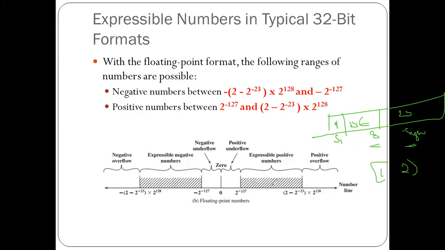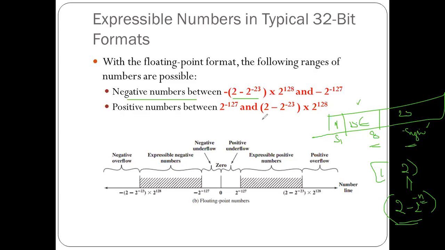Coming to the exponent values, how did we get this 2? This 2 is 2 minus 2 power minus n, which we have just calculated as the maximum value. n is the number of bits dedicated for storing the significand. So it is 2 minus 2 power minus 23.